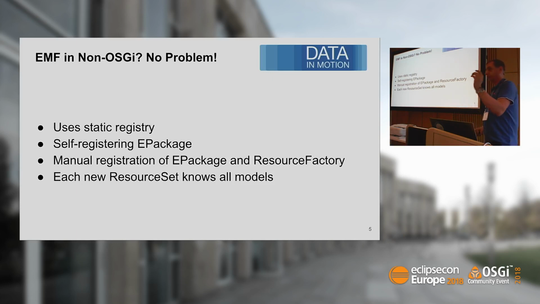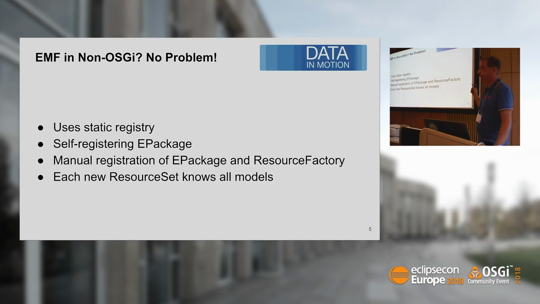You just say generate code. You get your model bundle, and everything's fine for you. In a non-OSGi environment, you have to do this on your own, and you must not forget to register the Ecore model. And if you want to serialize XML, you also have to register XML resource factories. Otherwise, it will not work.